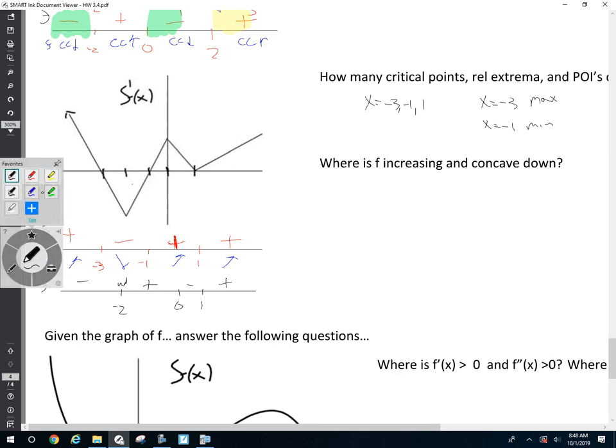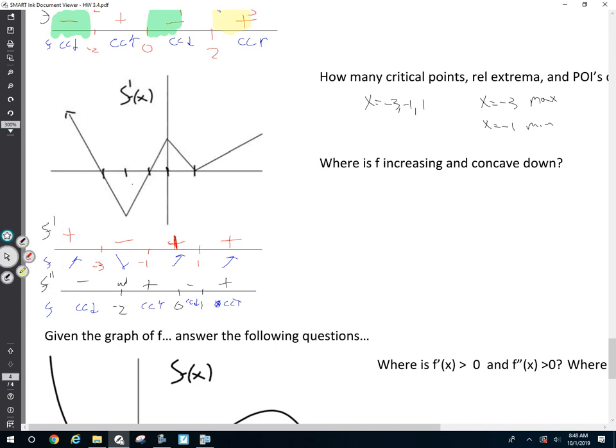Just look at the tangent slopes. So f is concave down, then concave up, then concave down, then concave up. So we have points of inflection at negative 2, 0, and 1.